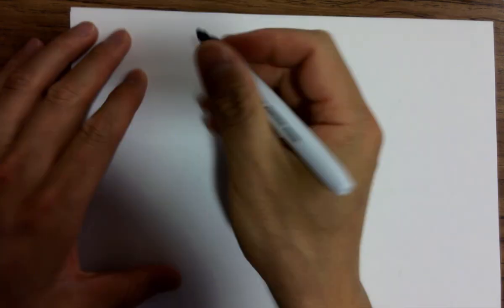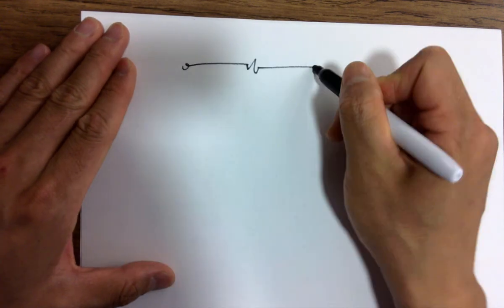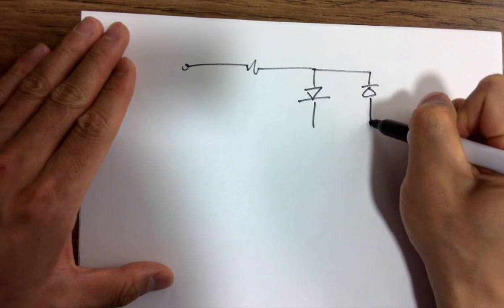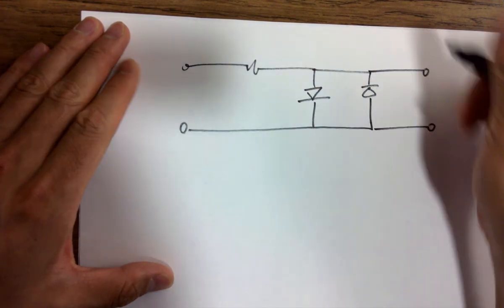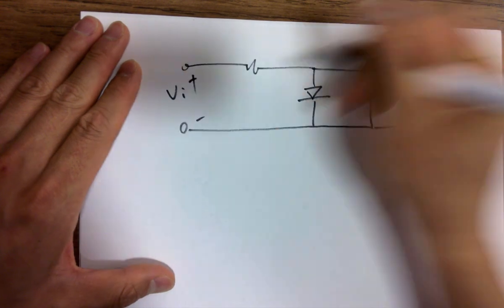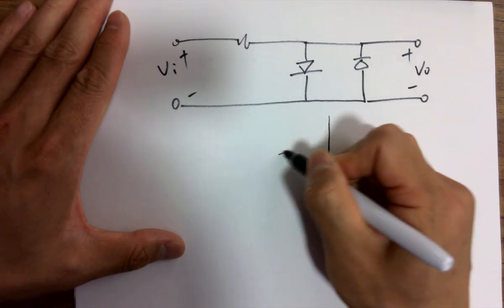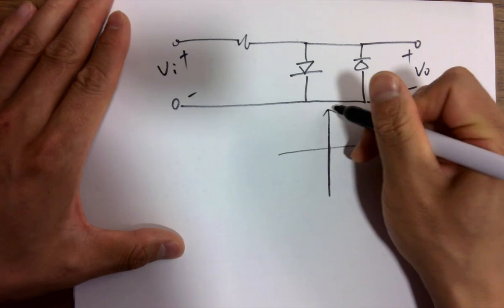And another example is two diodes at the same time. V in plus minus, V out plus minus. How do you draw the in-out voltage?